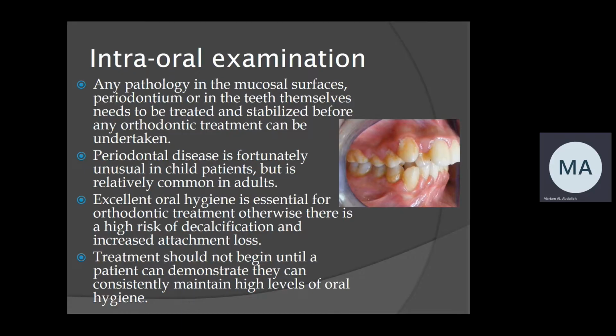So any adult patient should have a comprehensive periodontal assessment before any orthodontic treatment could be started. An excellent oral hygiene is a must before the start of orthodontic treatment, and selection of patients based on this is very important.